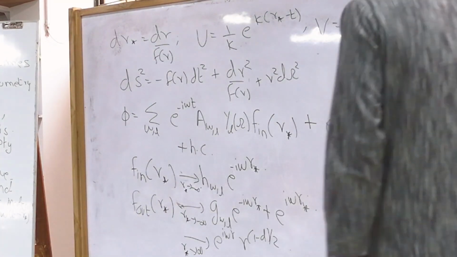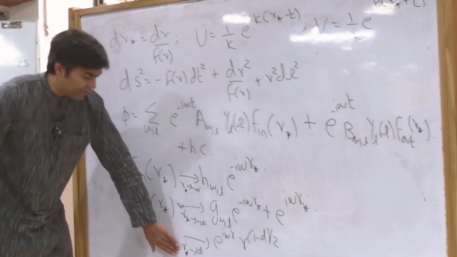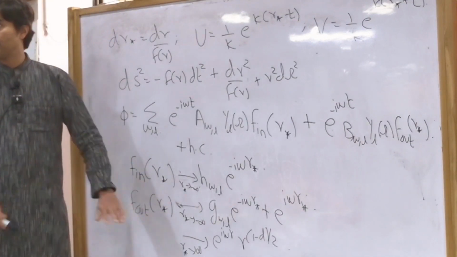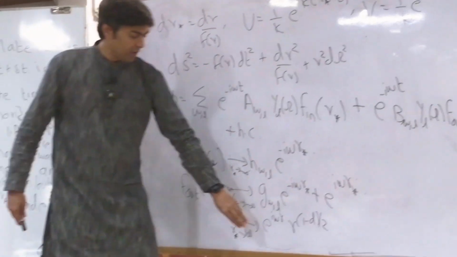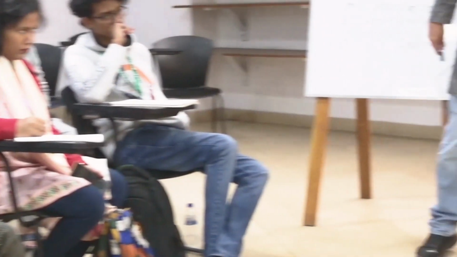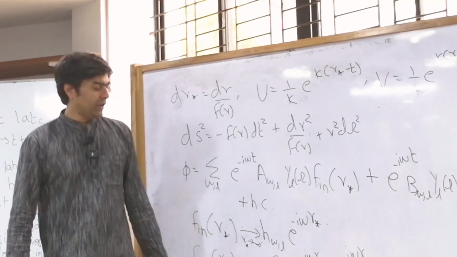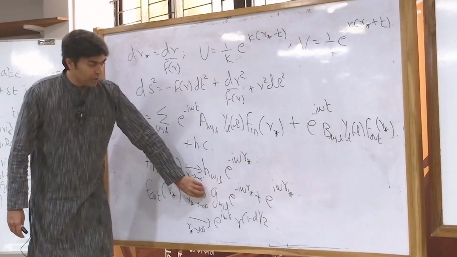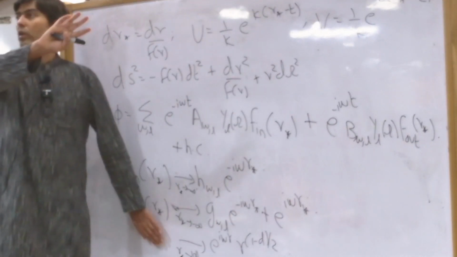It's the fact that what we demand is that this solution, as r star goes to plus infinity, goes to e to the i omega r star. It doesn't matter if I write r or r star. So we want a solution that as r star goes to plus infinity becomes purely outgoing at plus infinity. And once you fix that and you fix this coefficient to be 1, then basically you're forced to take the solution to be 1 plus some component of the ingoing solution at the horizon, so that at infinity it becomes purely outgoing.